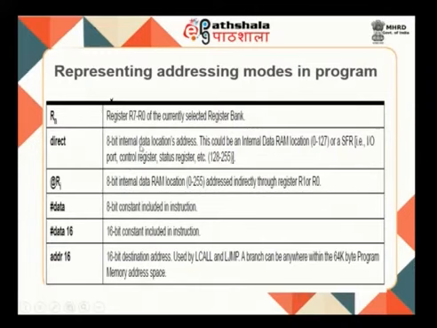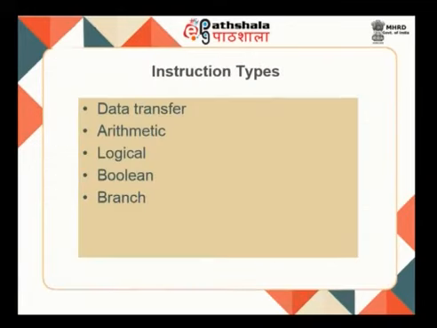Direct, in the sense, is the data location address. @Ri means the data is available in the internal random access memory location. #data tells you that it is data directly included in the instruction. #data16 tells you that 16-bit data is included in the instruction. addr16 means a 16-bit destination address is given over there. So, these are the representations we will be using for addressing modes in our assembly codes.